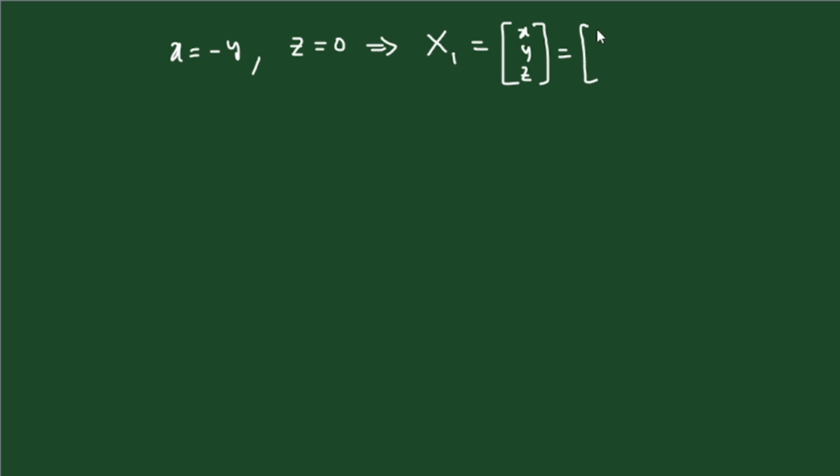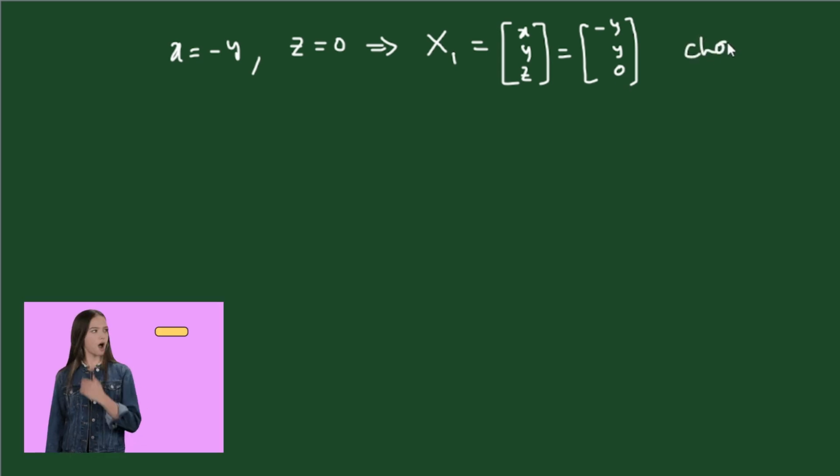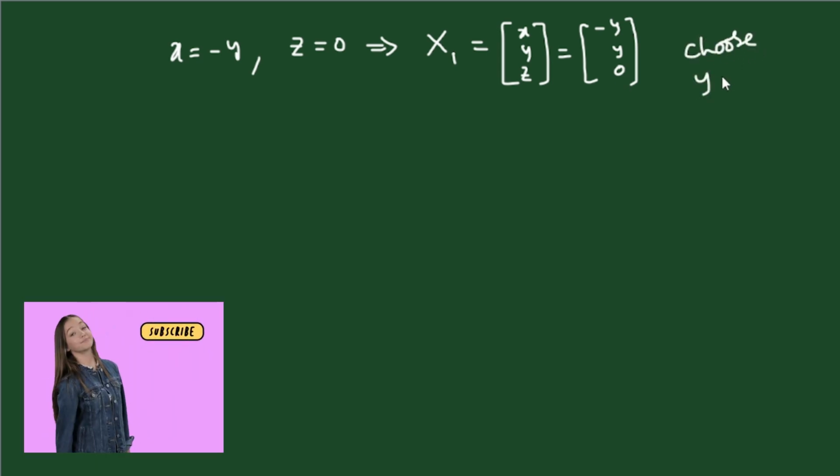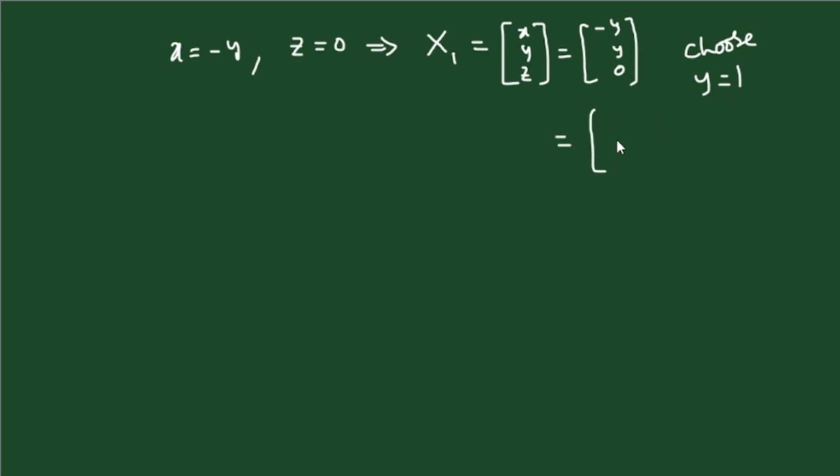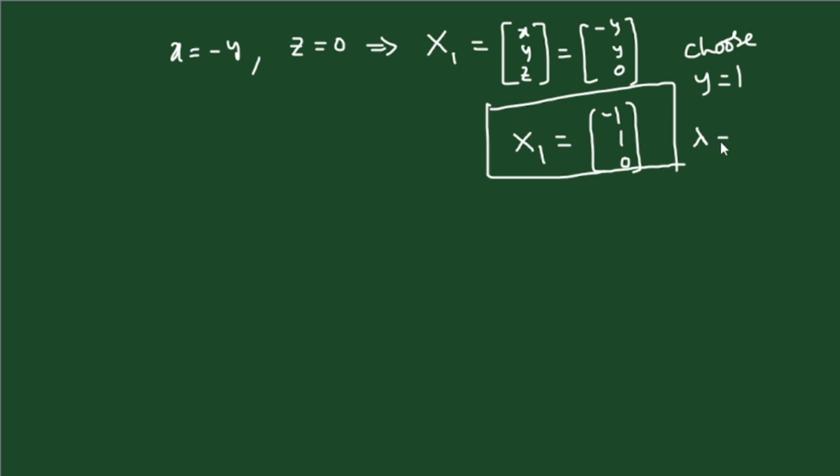What is x? It is minus y, z is 0. Now choose a value for y. Let us take the simplest value 1. In that case, it becomes minus 1, 1, 0. So minus 1, 1, 0 is the eigenvector corresponding to the eigenvalue lambda equal to 2.